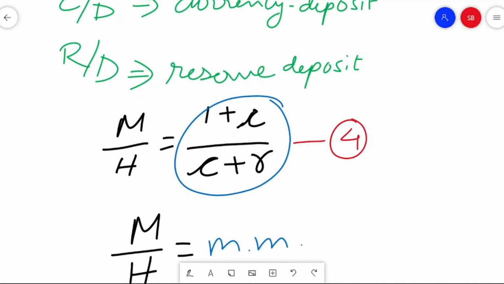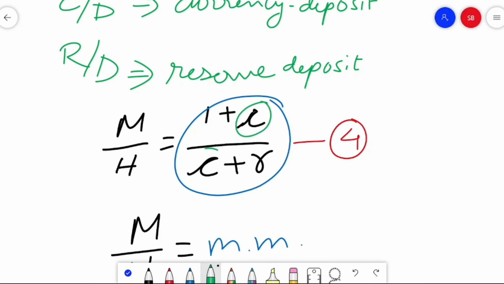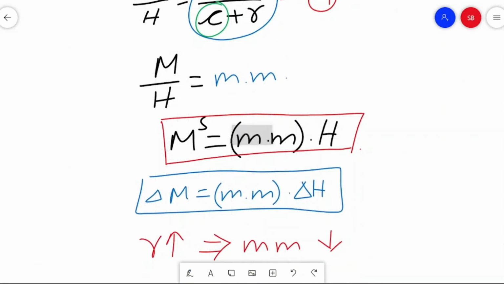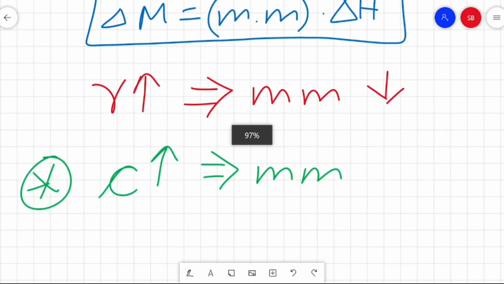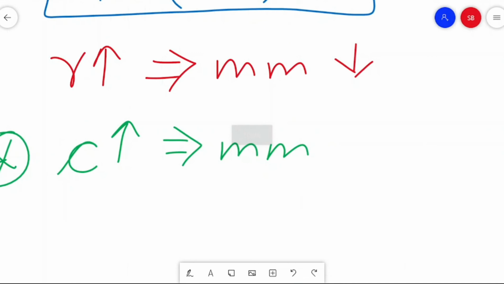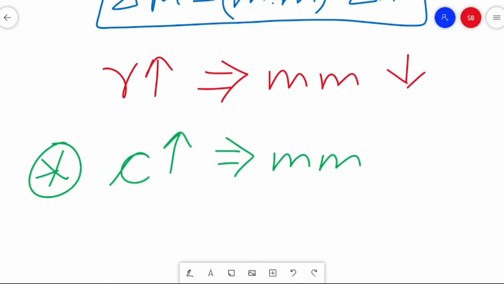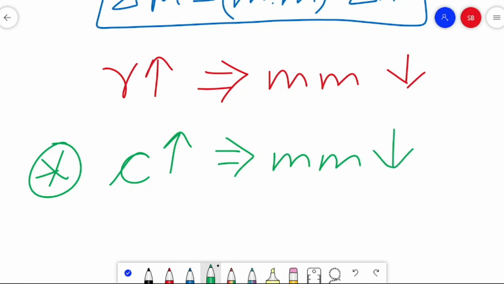From equation 4 we can already find that this small c is present at two places, in the numerator and also in the denominator. So if this increase in small c, the desired cash ratio or cash deposit ratio, goes up, what happens to the money multiplier? Here you have to remember that this will also cause the money multiplier to reduce. Yes, it will also cause the money multiplier to reduce.